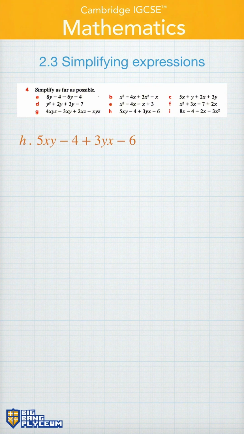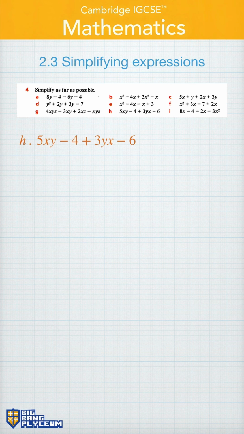It reads 5xy minus 4 plus 3yx minus 6. Well, you may have noticed that we have xy and yx. So how can we deal with this? Of course, you have learned about some properties of multiplication, right? Such as commutative, okay?